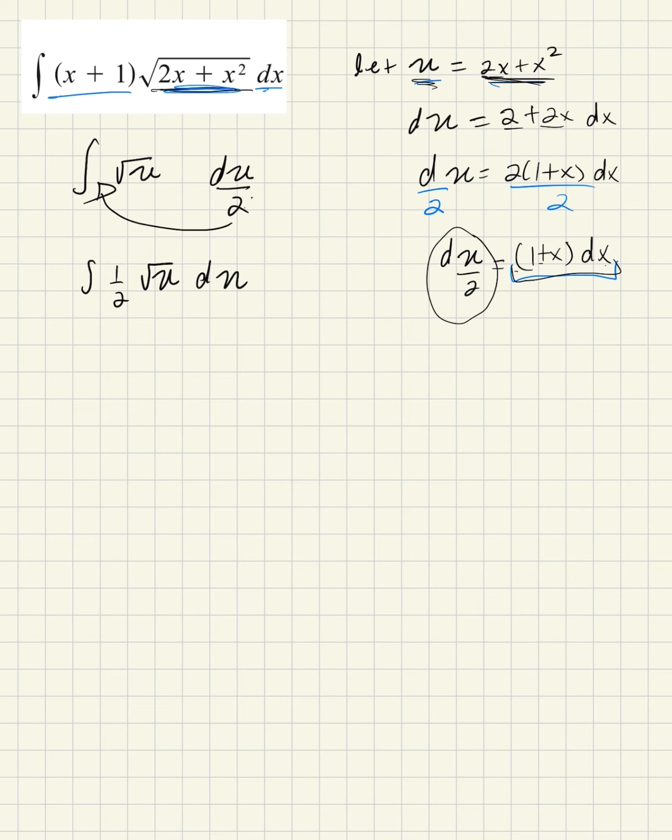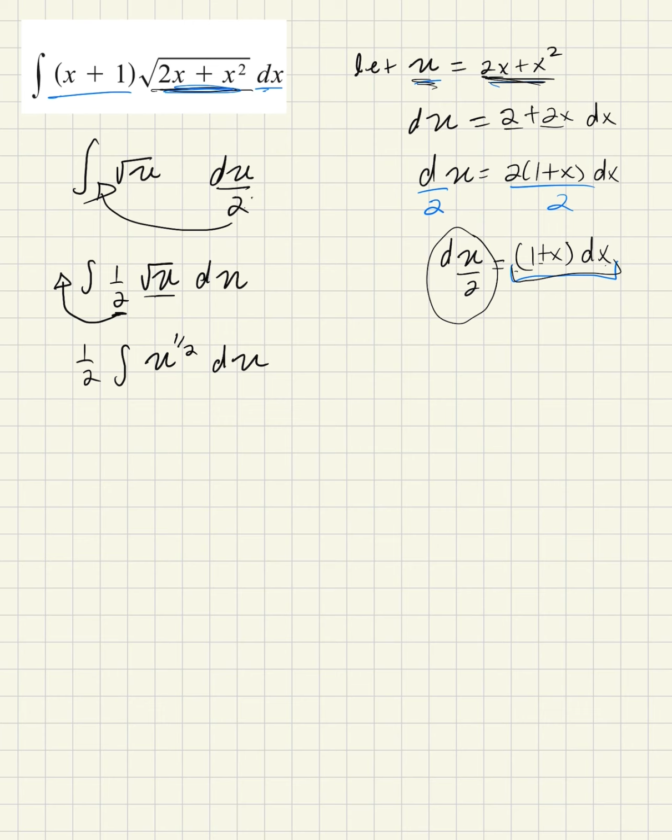And the next step is I want to bring this outside because it's just a constant, it's just a number. And I want to rewrite this one, so that is going to look like this: 1/2 integral of u to the 1/2 du, okay?